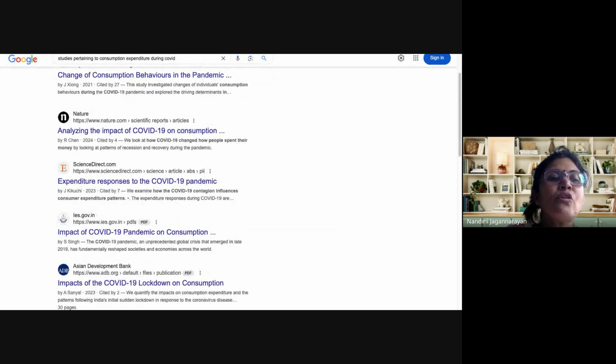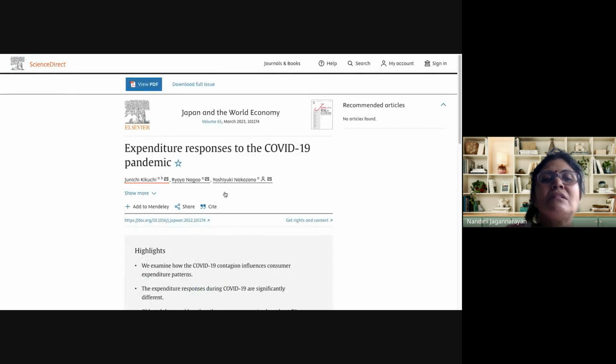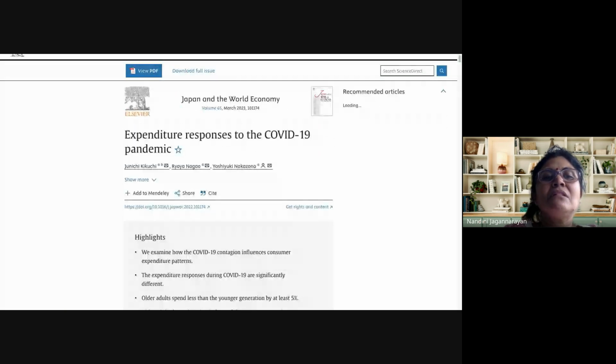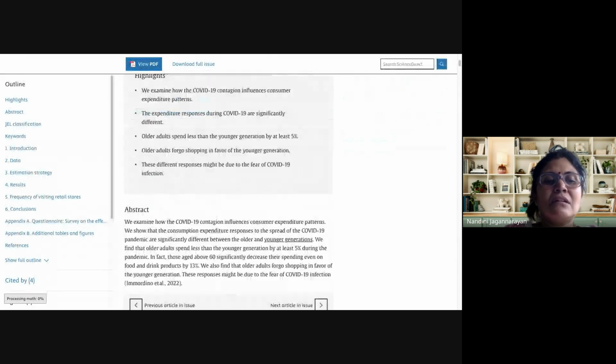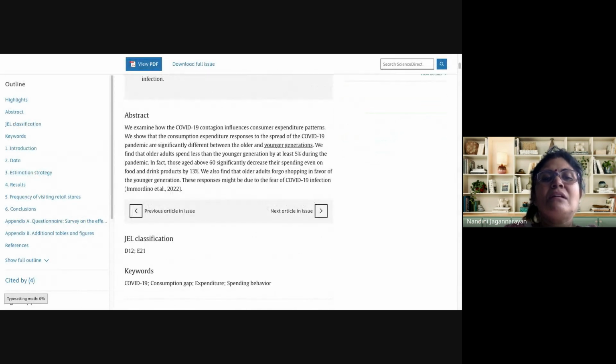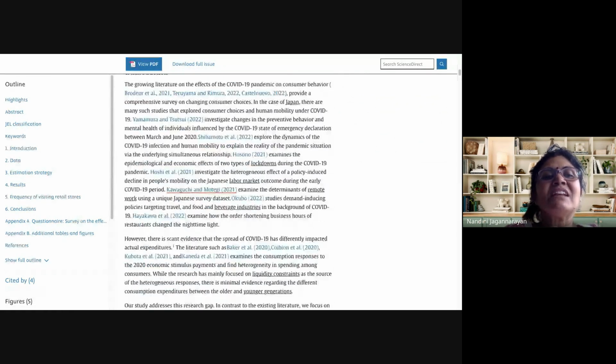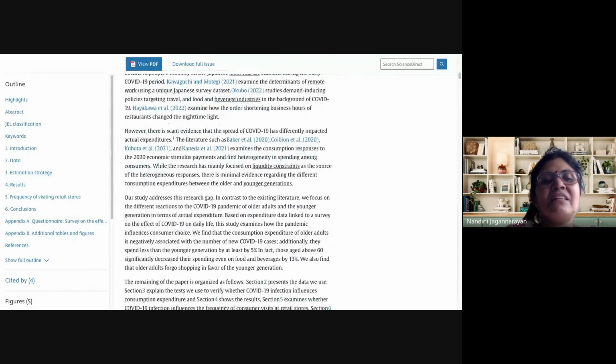See, I do get a lot of papers here. These are some of the published papers. Can you see here? These are some of the research articles that they have published. There is a review of literature, right?